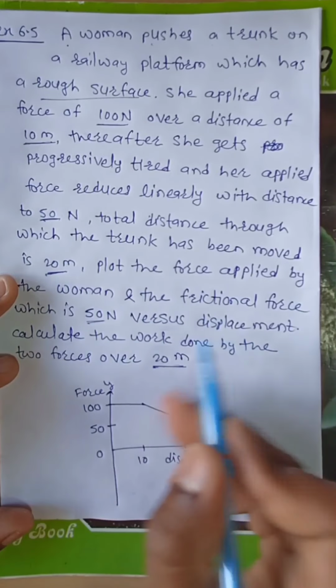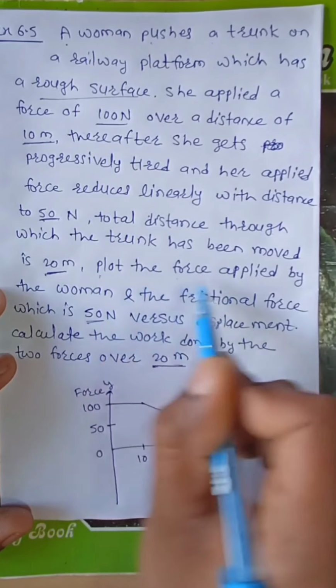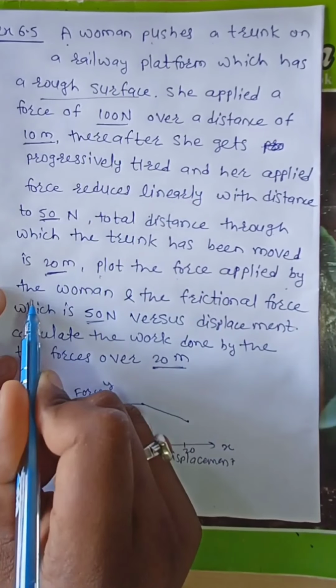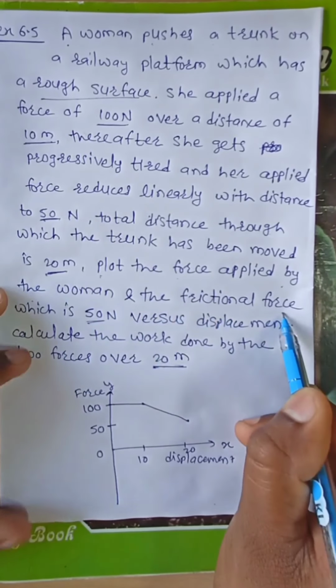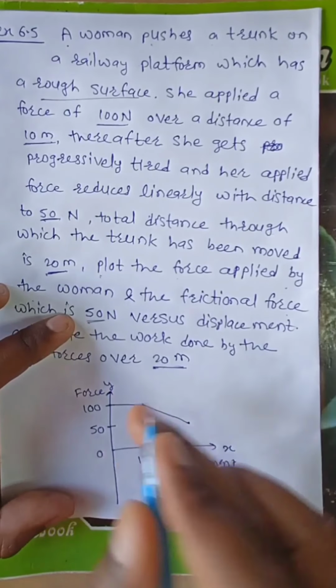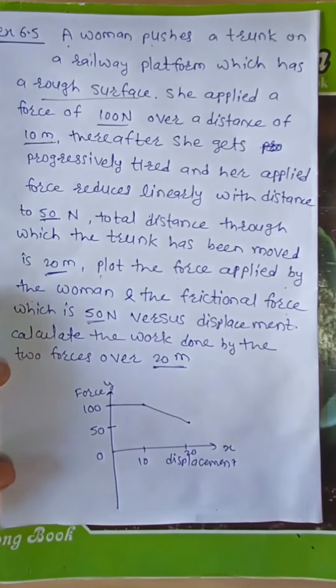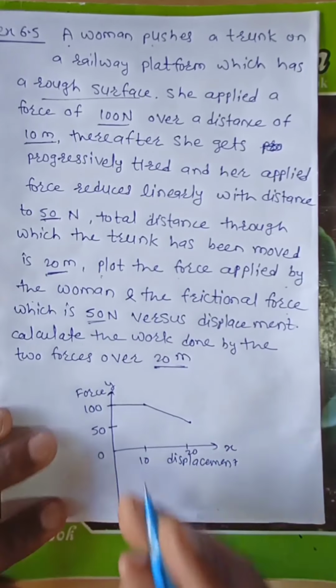Now also see here, it says to plot the force applied by the woman and the frictional force, which is 50 newtons. Friction force is opposite to the motion, opposite in direction to the applied force.